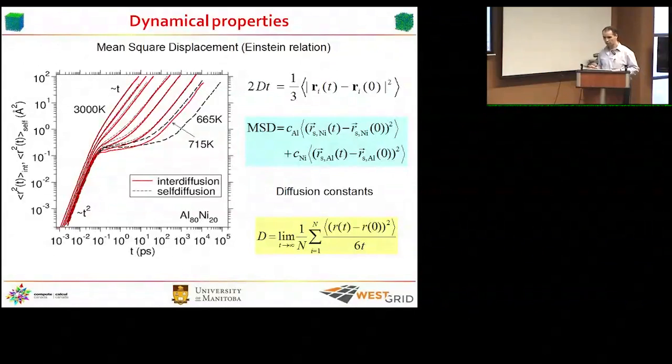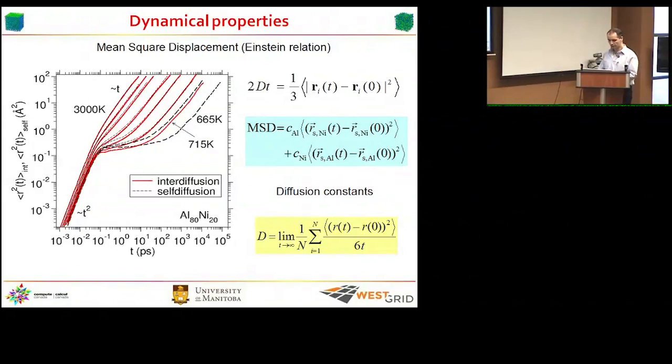For the dynamic properties, I already talked about mean square displacement. This is an example of the mean square displacement for aluminum nickel. So basically, you start with the fast regime for a short time, and then there are 1 or 2 different regimes depending on temperature.